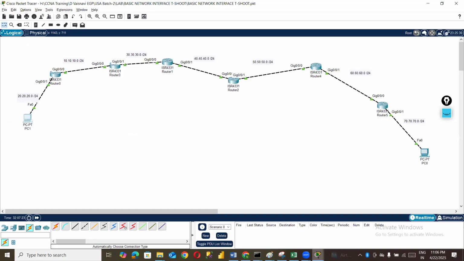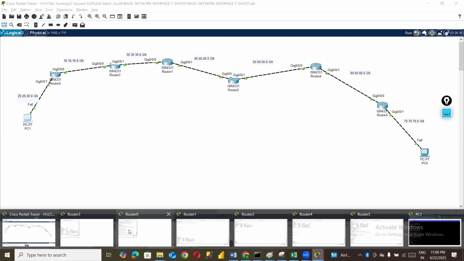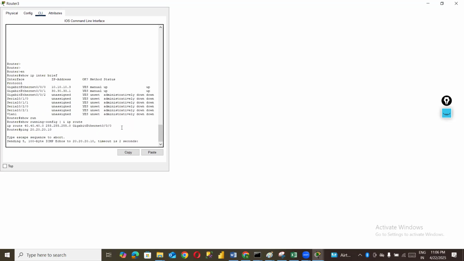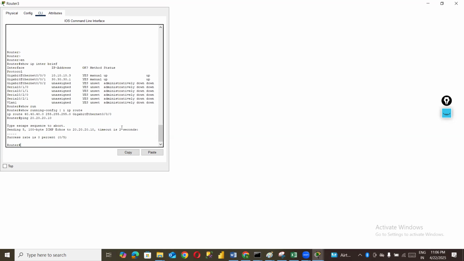Router 3. Okay, this is router 3. From here also we'll ping our machine, 20.20.20.10. Because router 3 doesn't know where my 20 network is, now we will give the route to this.